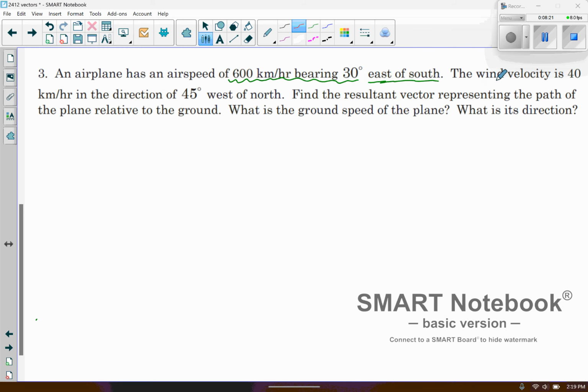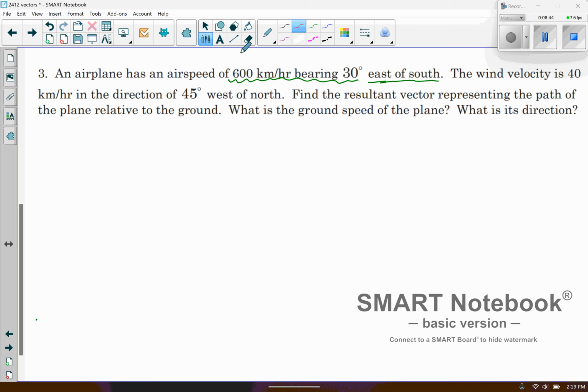The wind is going to cause the airplane to go off a little bit from that direction, and what we'll do is find the two vectors and then add them together. So this is going to be the magnitude for the airplane right here. The magnitude is how fast it's flying, right?